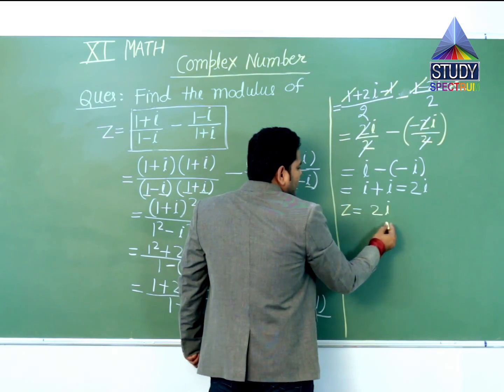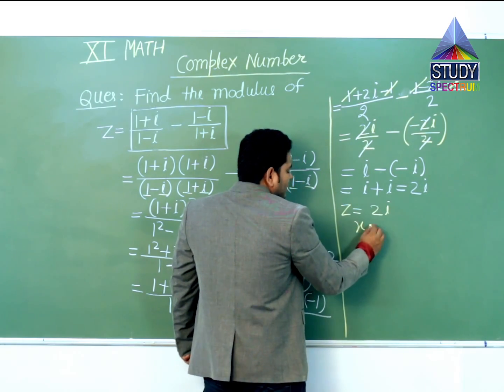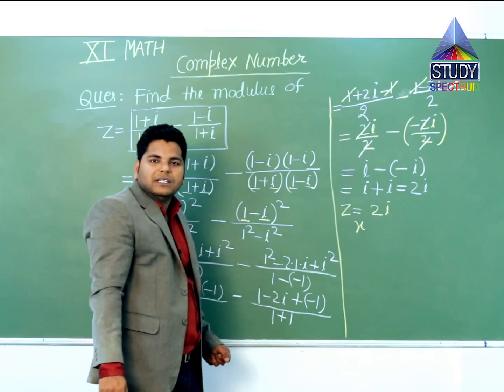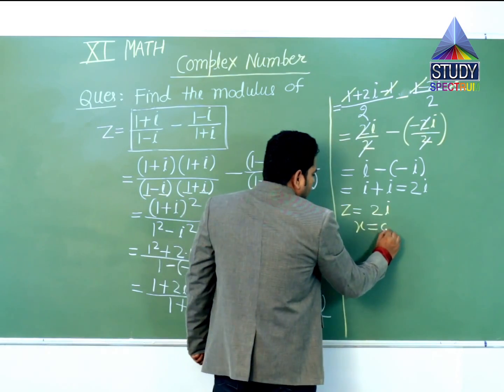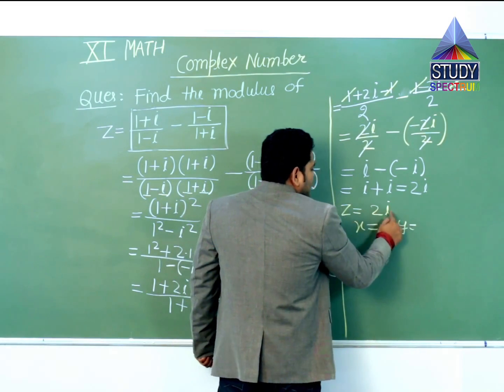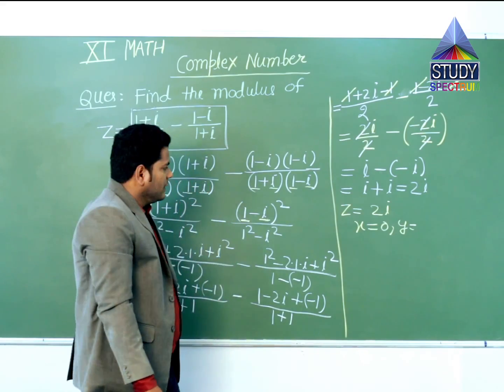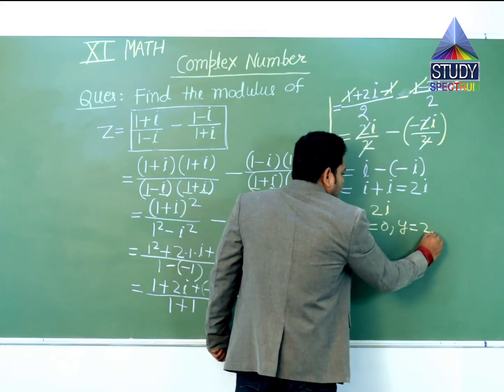So this z is 2i. In place of x, the real part of the complex number, we have 0, and y, the coefficient of i, is 2.